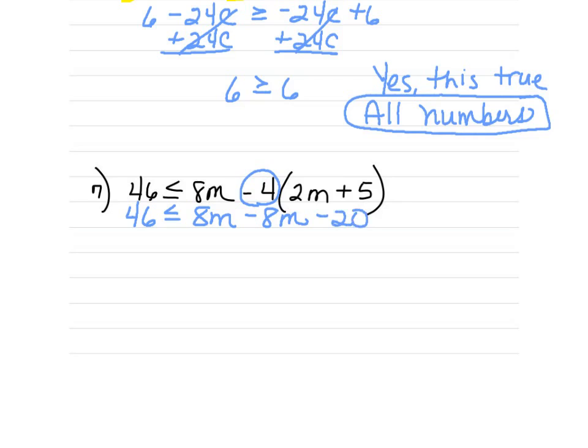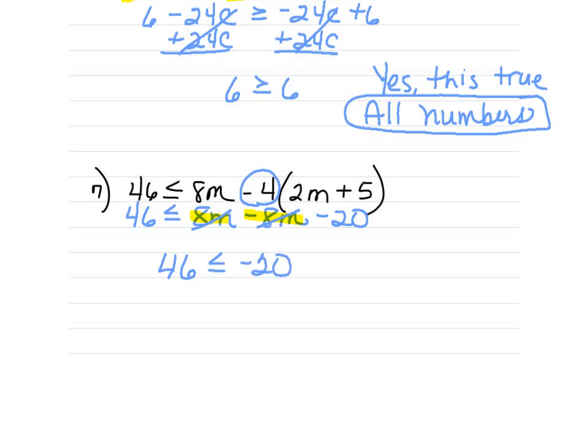I've got these two like terms, 8m and negative 8m, on the same side of the inequality, and as you can see, they cancel each other out because I get 0m, which is 0, and I'm left with 46 is less than or equal to negative 20.